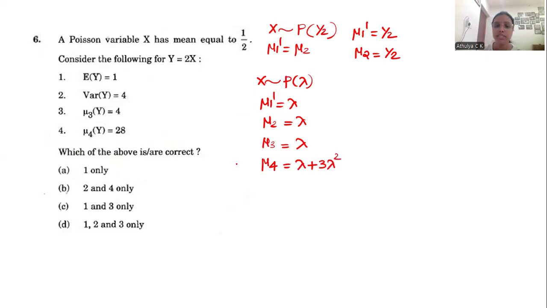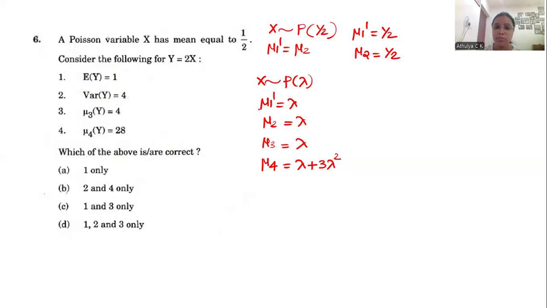The derivations of mu1 dash, mu2, mu3 and mu4 are given in detail in the Gupta and Kapoor book. So let's learn these values by heart, which is the easy way to solve these types of questions within the stipulated time.